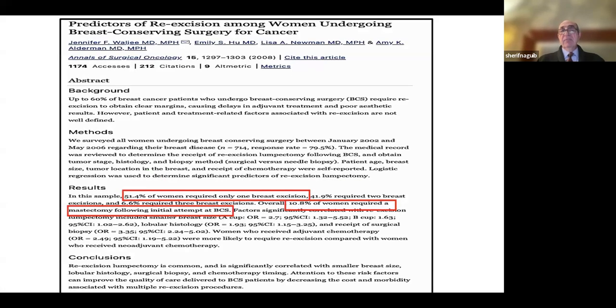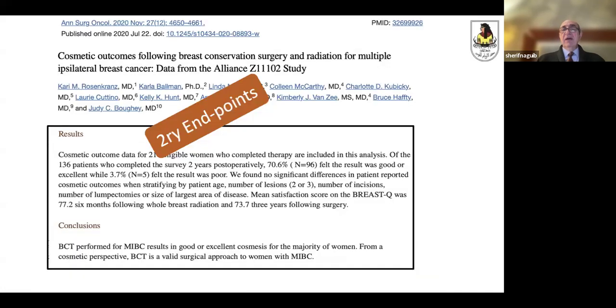And in another study, the breast excision, done once to reach negative margins, was successful in 50% of the patients, and women required mastectomy in almost 10% of the cases. So the findings of the American College of Surgeons Z11102 study were very encouraging.